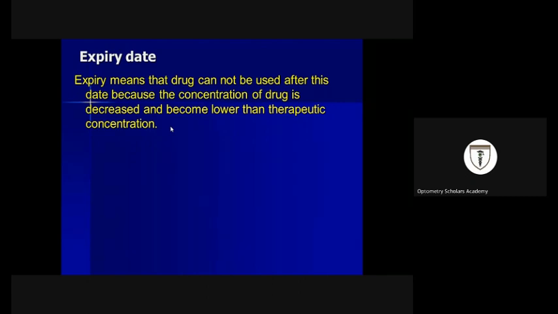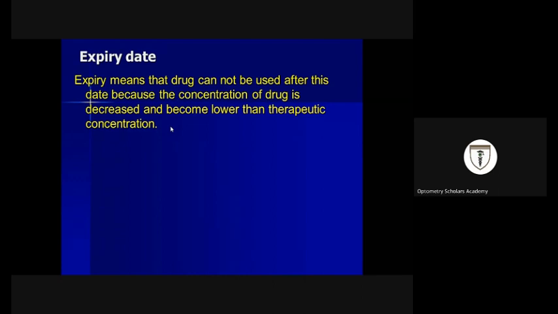But some drugs can expire before the expiry date. It doesn't mean that once you've opened the drug, you keep using it till it reaches the expiry date. No. Most drugs, once you open them and they come in contact with oxygen and light and other things, start degrading. Most of them degrade in about 2 or 3 weeks, some in 1 month.